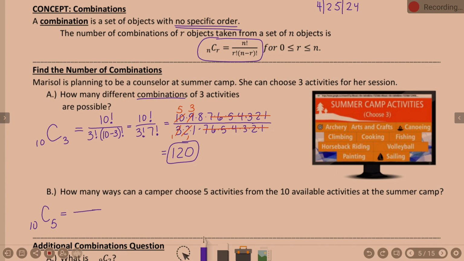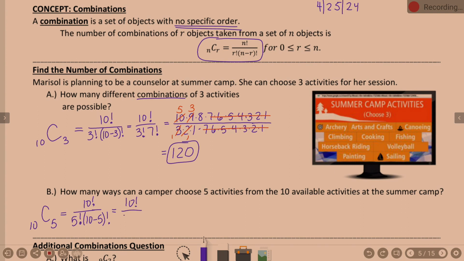Okay, so do your setup. On top, n factorial, which is the first bigger number, 10 factorial. On bottom, remember your formula, r factorial, which is the second number, the 5, and then n minus r factorial, which is the 2 numbers subtracted, 10 minus 5 factorial. So on top, 10 factorial.